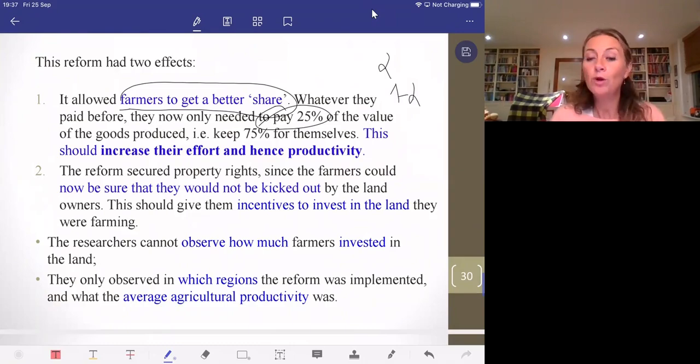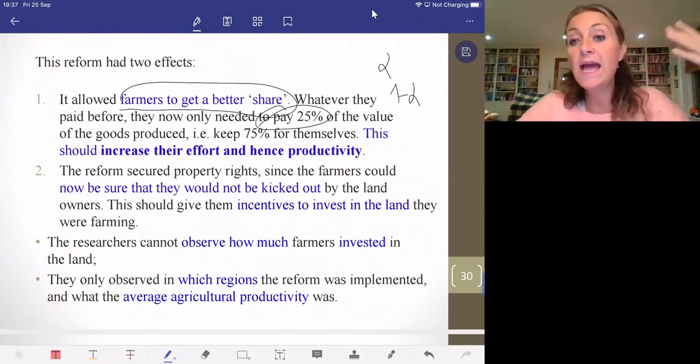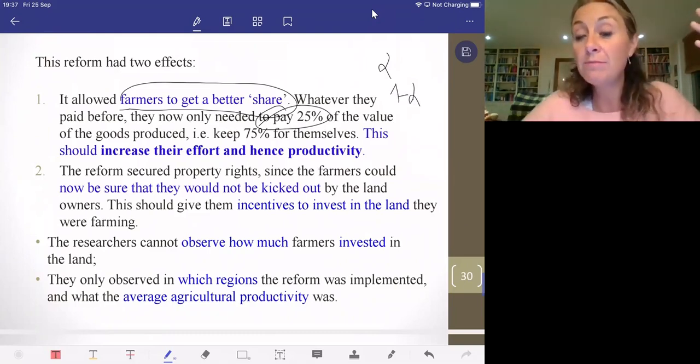If you remember also the rent equation, it says that once you have paid that part, this 25%, which could be considered like a fixed amount, all the remaining extra outcome could be kept for themselves.